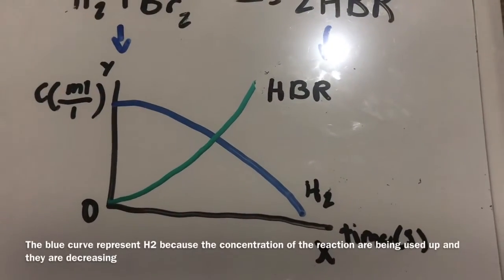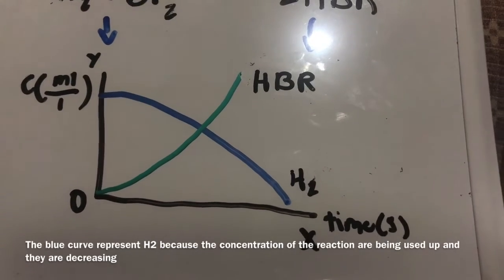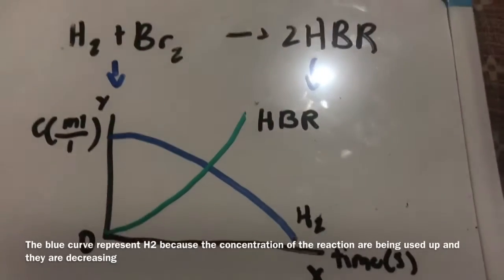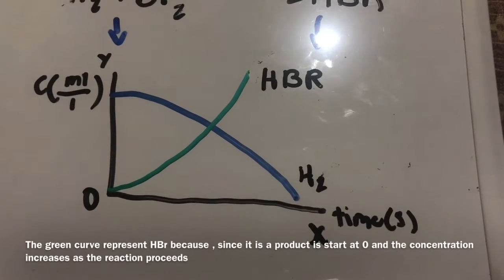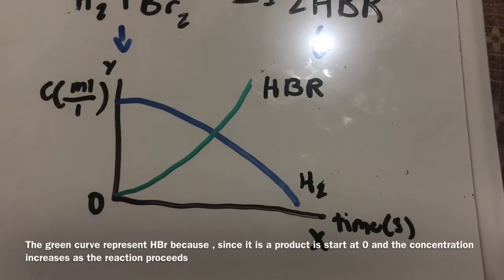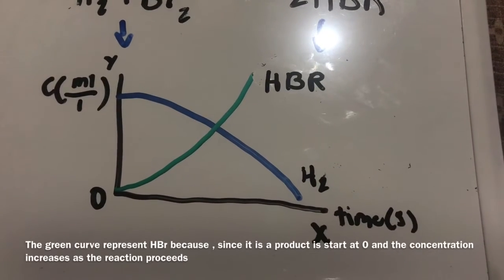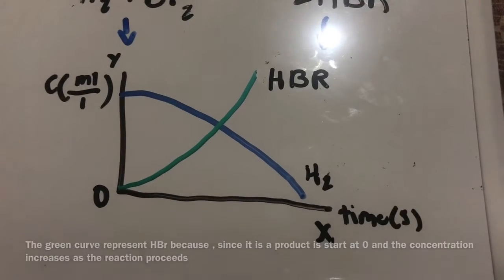The blue curve represents H2 because the reactants are being used up, so their concentration is decreasing. And the green curve represents HBr because, since it is a product, it starts at 0. Concentration increases as the reaction proceeds.